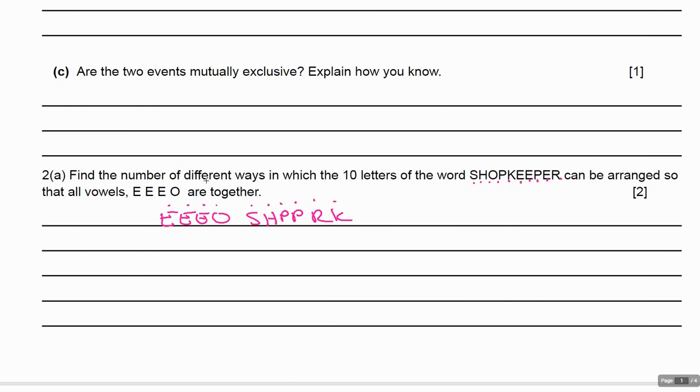Right. Okay. So in this case, they have to be together. Now, how many things do I have if they're together? Just one. How many things do I have altogether, though? 1, 2, 3, 4, 5, 6, 7.